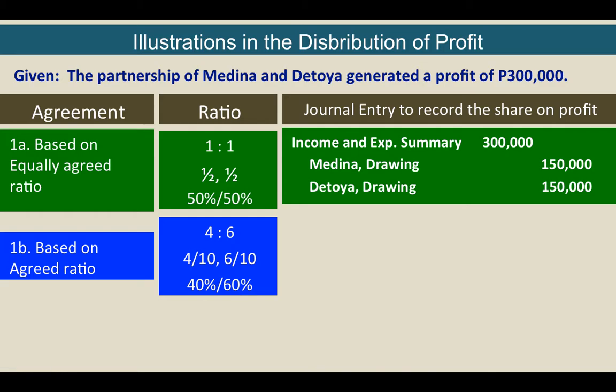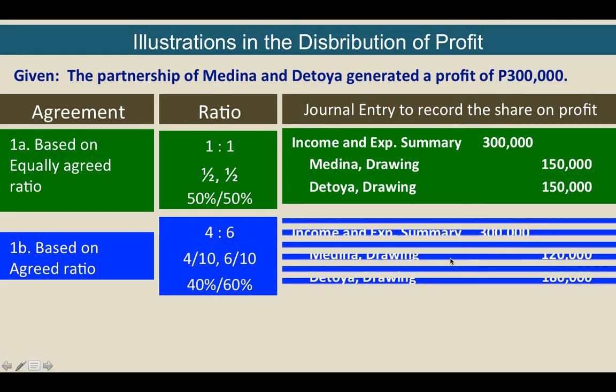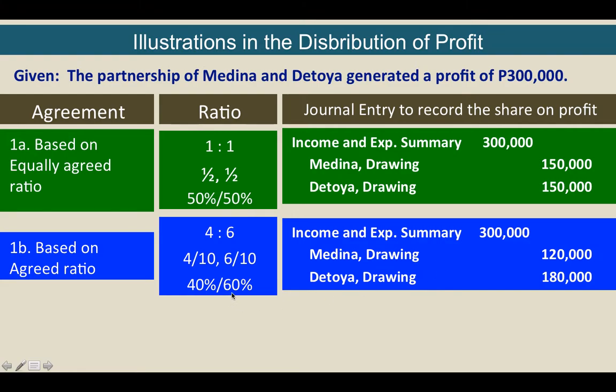Okay, so for this situation, we are going to distribute 40% to Medina, 40% times 300,000, and for De Toya, 60% of 300,000. So the distribution will be debit income and expense summary of 300,000 and credit Medina drawing 120,000 and De Toya drawing 180,000. Okay?